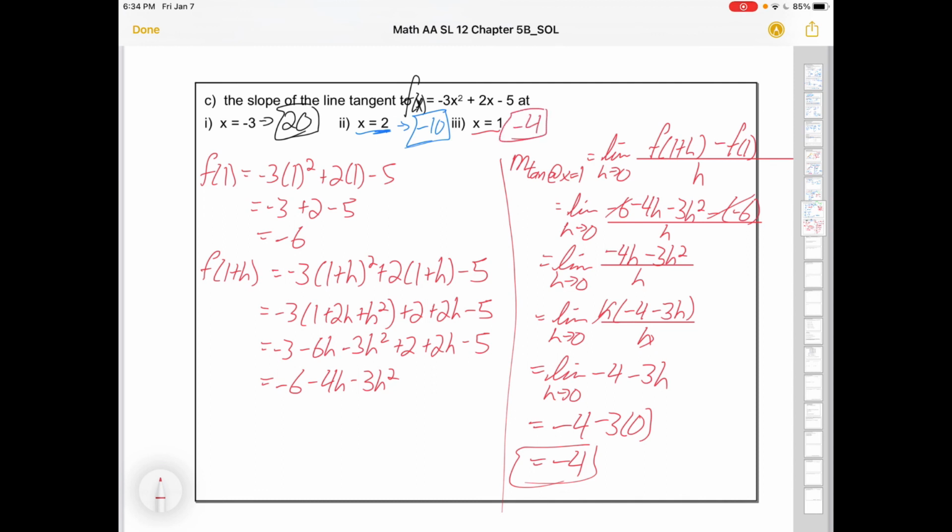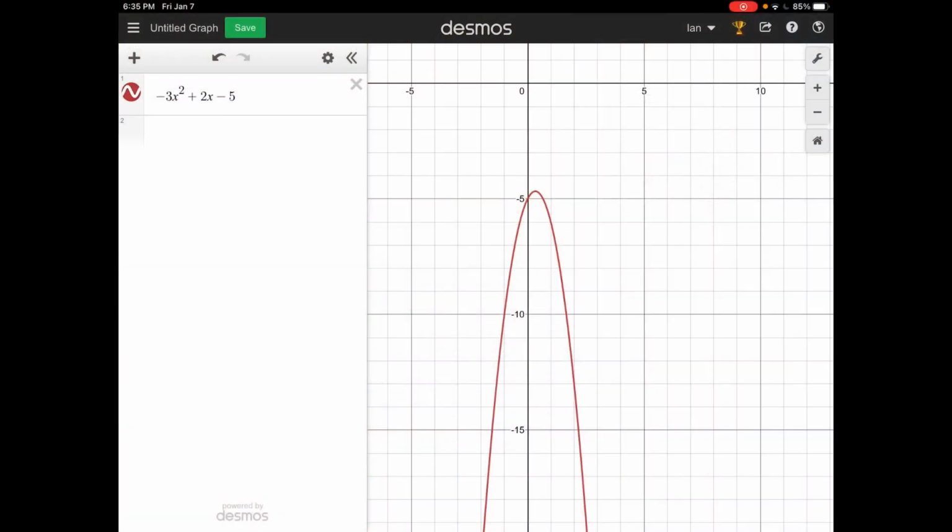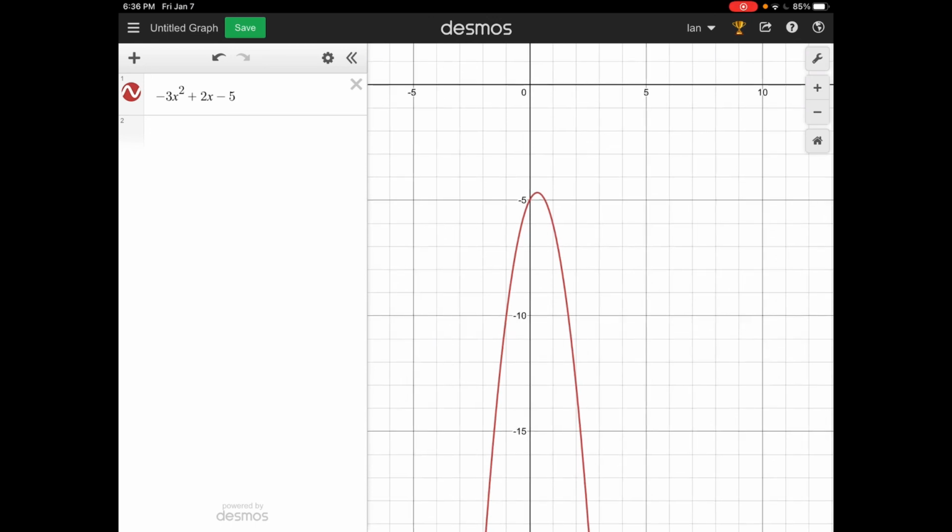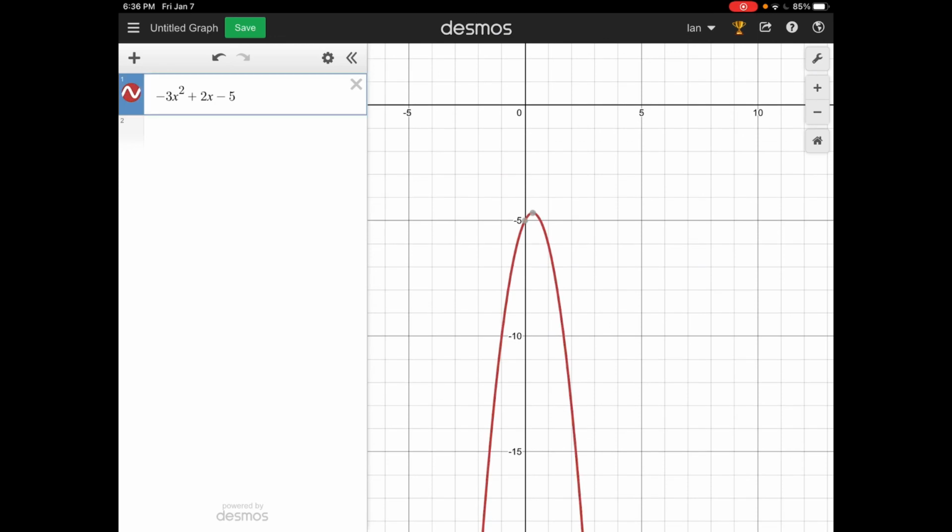I want to just look at these on Desmos for 1 second. So here's this function that we've been working with this whole time, negative 3x squared plus 2x minus 5. And it's worth noting that right here, if we're at about 1 on it, it does look like it's got a negative slope. Its point is 1, negative 6, but it's got a negative slope. It's not super steep, but it's pretty steep. So negative 4 might be a good estimate of its steepness.